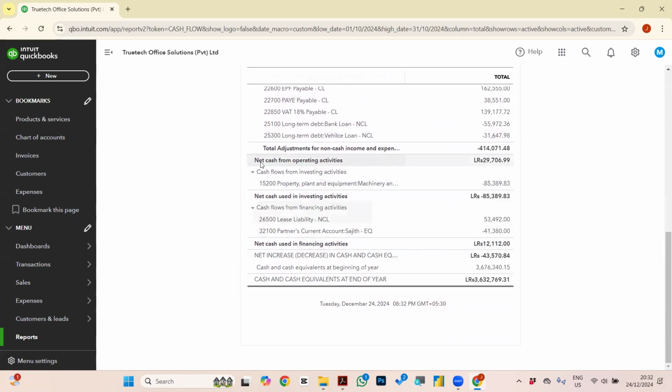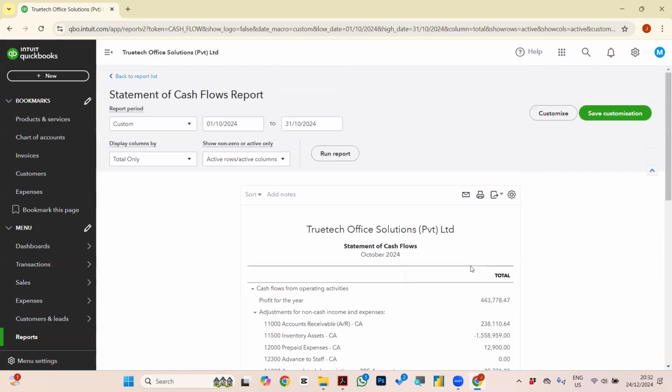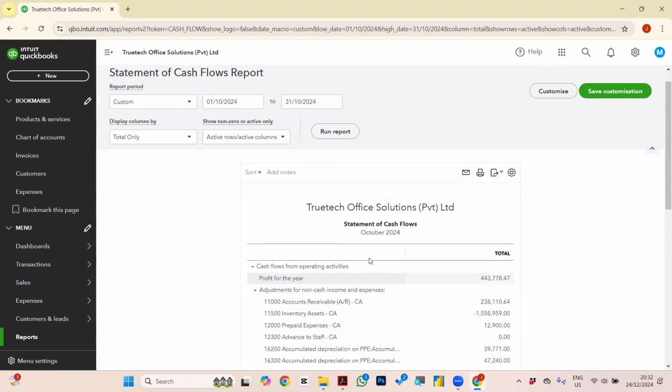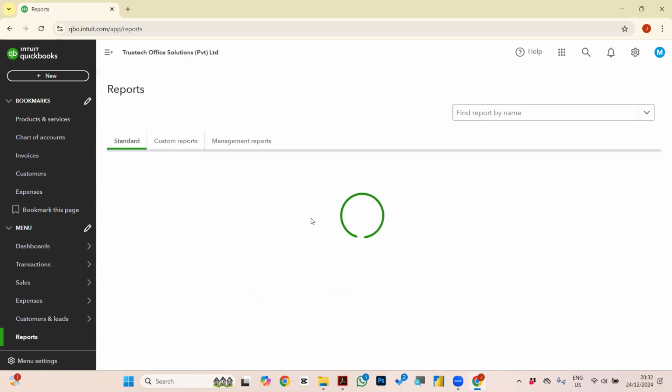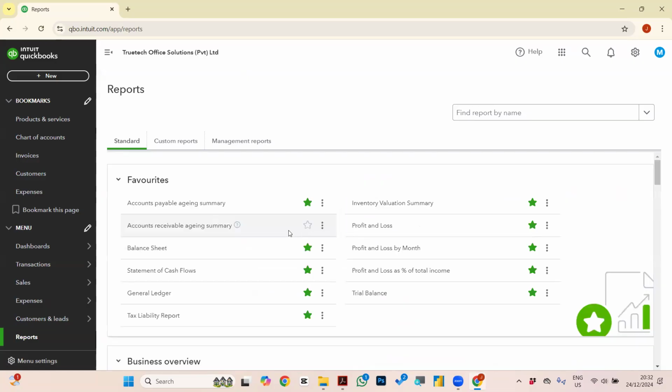It shows net cash from operating activities, then investment activities, and after that financing activities. At the end, cash and equivalent at the end of the period is shown. We can confirm this from the cash balances. So this is how the cash flows are shown. You can simply print the income statement, balance sheet, and cash flow, and show it to the management. All right, the cash flow statements are okay.